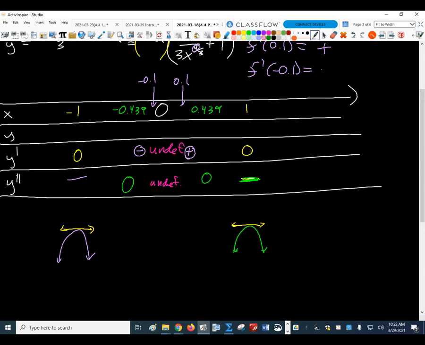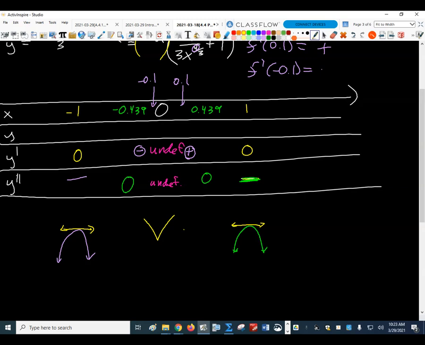So we know it's a sharp corner going from a negative derivative to a positive derivative. So what's that going to look like then? It's going to be a sharp valley, isn't it? I'm going from decreasing to increasing, so it's got to be a sharp valley. Everybody agree? Okay.